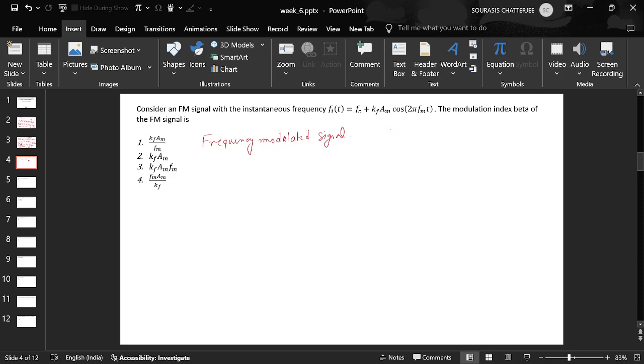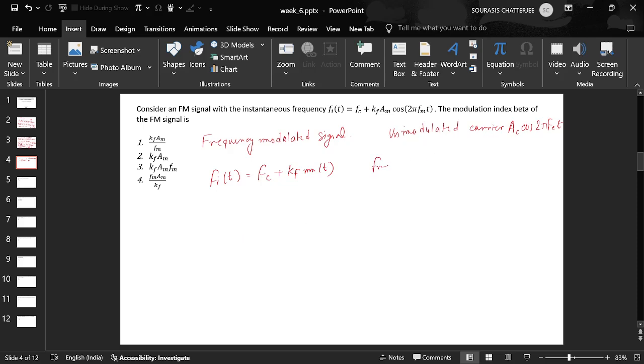Now if you have an unmodulated carrier, which has this expression Ac cos 2 pi fc t, now you are going to modulate the instantaneous frequency of the signal by the message signal. And how do you do it? Your instantaneous frequency is now going to be a function of time, given as fc plus kf m(t), that is the standard form.